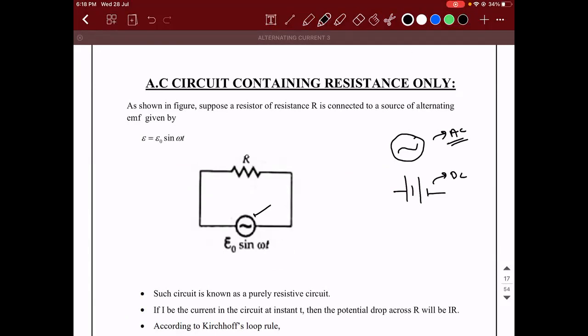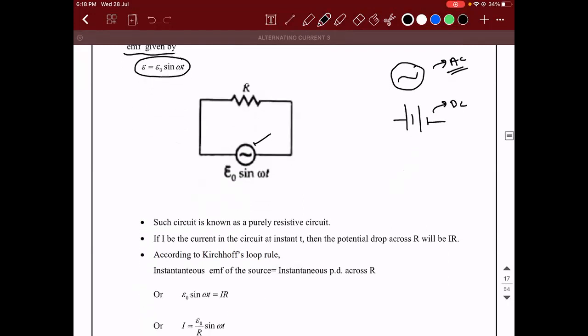As shown in the figure, suppose a resistor of resistance capital R is connected to a source of alternating EMF given by E is equal to E naught sine omega t. This kind of circuit, where an alternating source is connected only to a resistor, is called a purely resistive circuit.